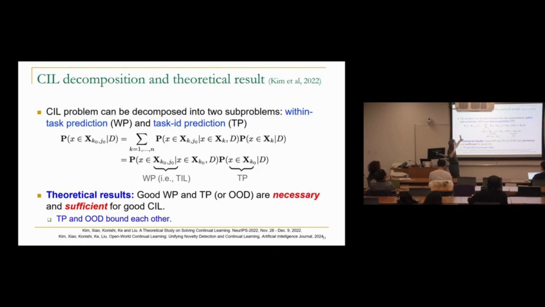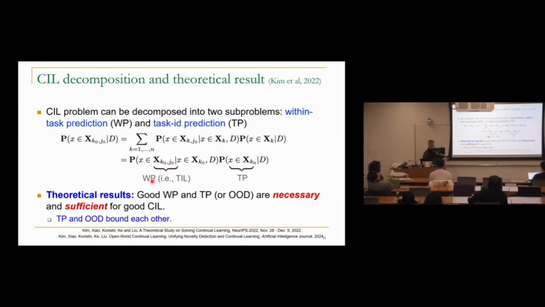If you think about this problem in its original definition, essentially it's a probability: that X belongs to a particular class in a particular task. It's a product. First, the probability that this input belongs to a particular task, and then, given that task, the probability that X belongs to that particular class.